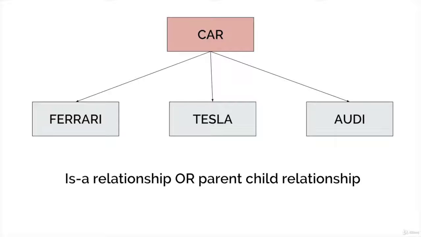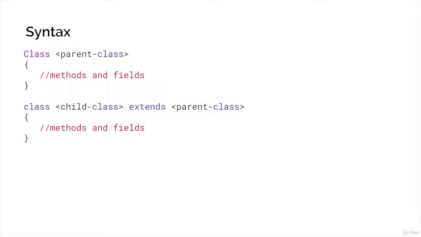If you have to represent this relationship between Ferrari, Tesla, Audi and car, we represent it this way. This is the syntax of representing inheritance in Java. We define a class, the parent class.